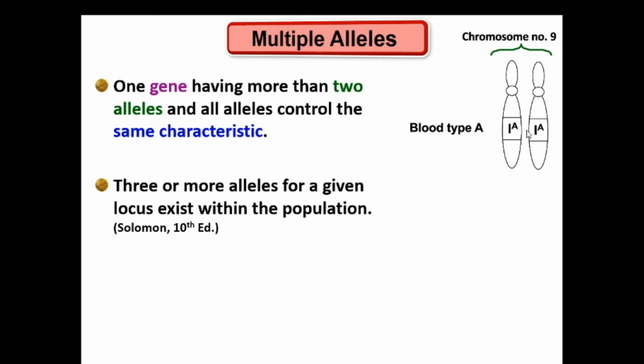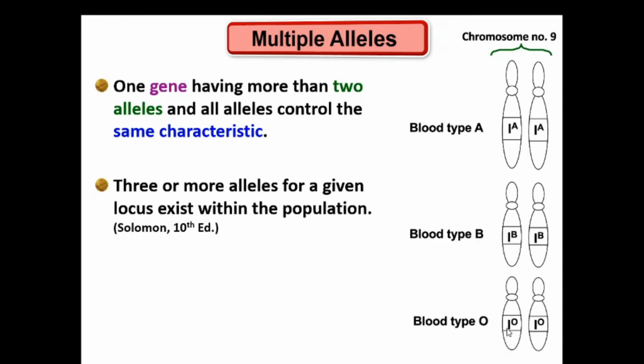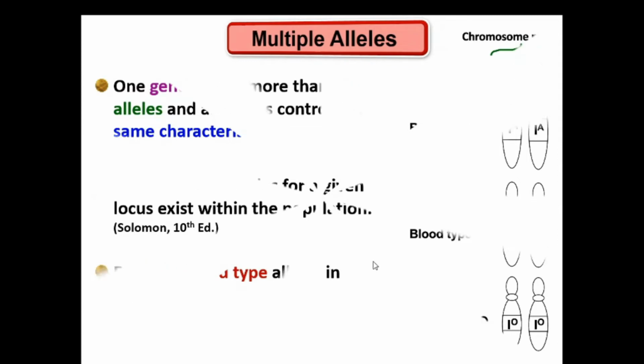If they have IA, it will result in blood type A. If they have IB, they will have blood type B. And if they have IO, the individual will have blood type O. The I here refers to immunoglobulin. An example of multiple alleles is the ABO blood type alleles, which can be found in humans. Let's see the details.